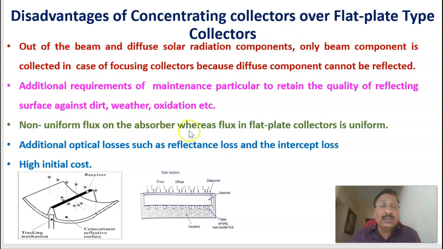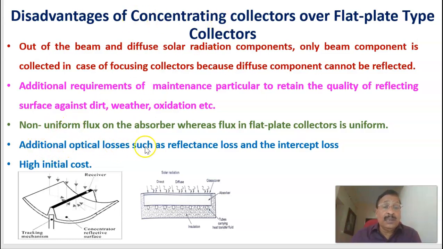Non-uniform flux on the absorber: solar flux is uniform in a flat type collector, but is not uniform on the absorber of concentrating type collectors.